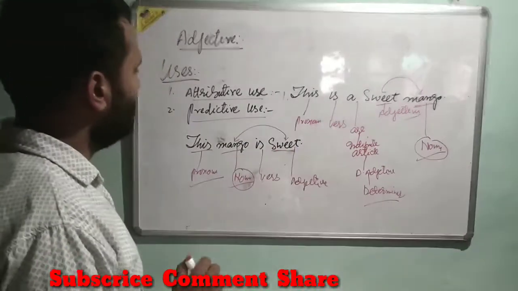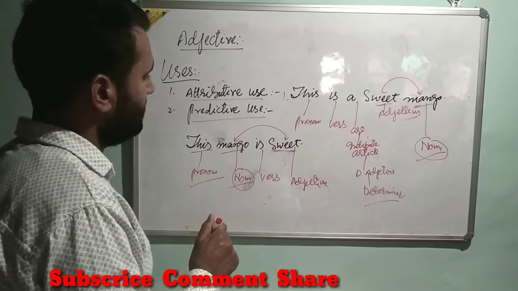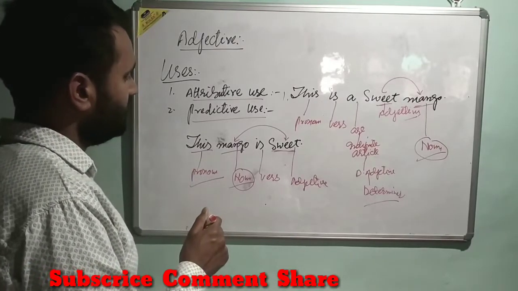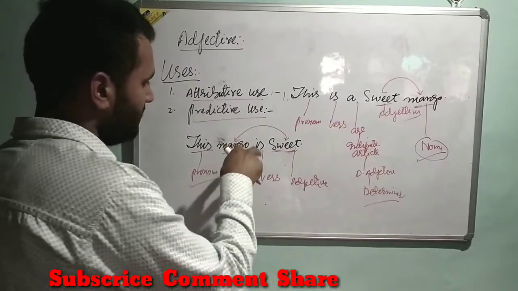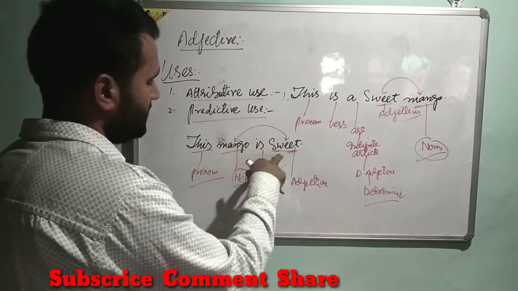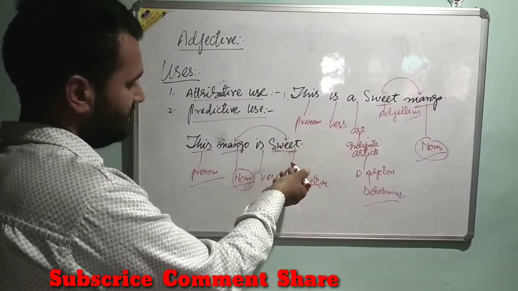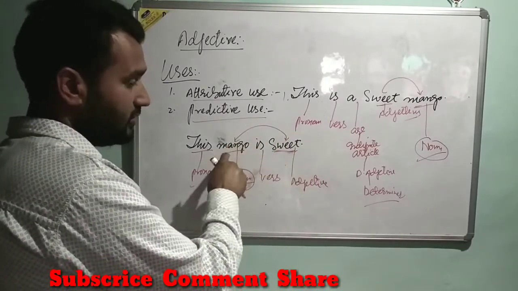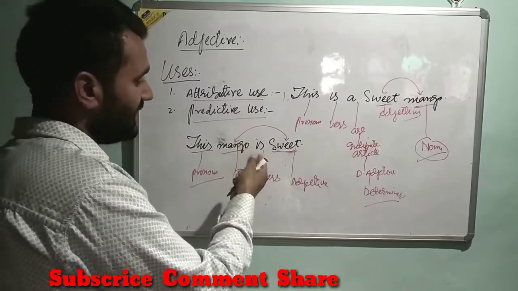Now, see, in this sentence, we see that there's a word between the two words, noun and adjective. So this word, sweet, is qualifying or modifying this noun, but indirectly, because there is an indirect link.